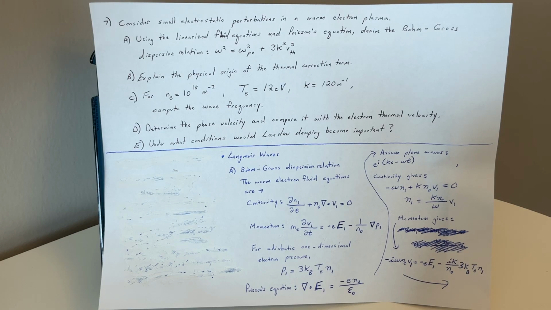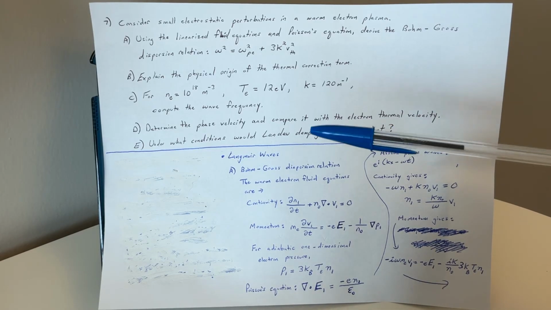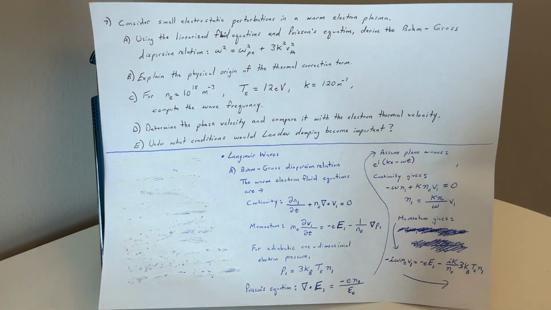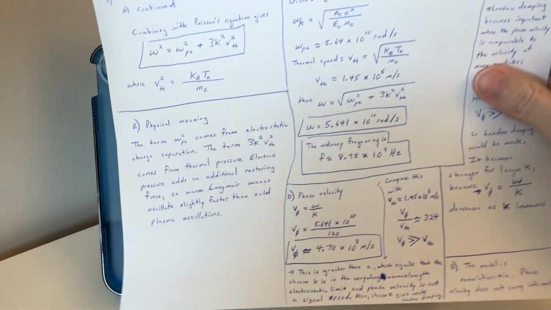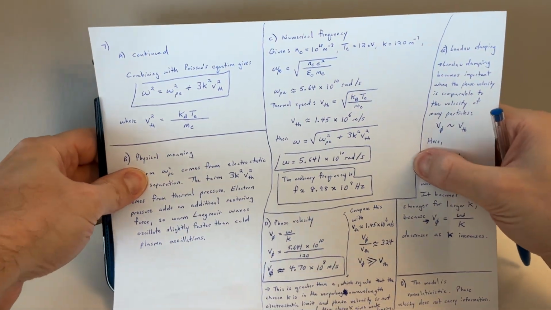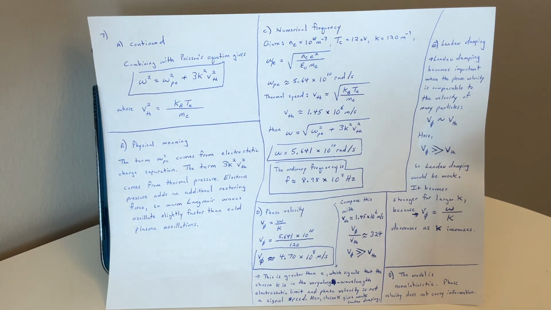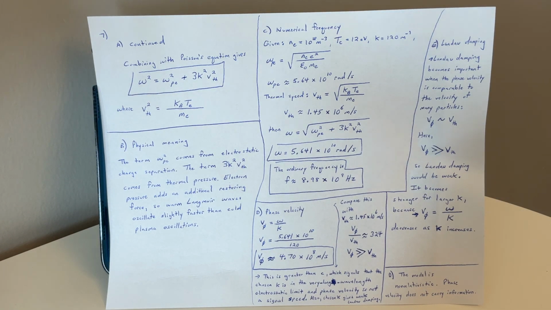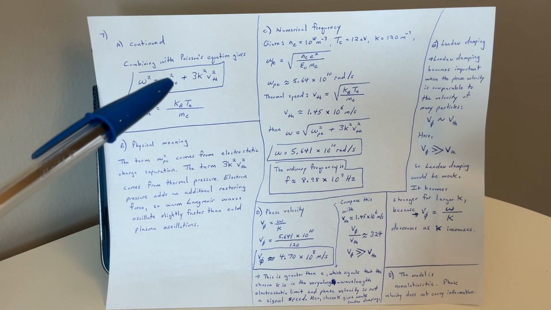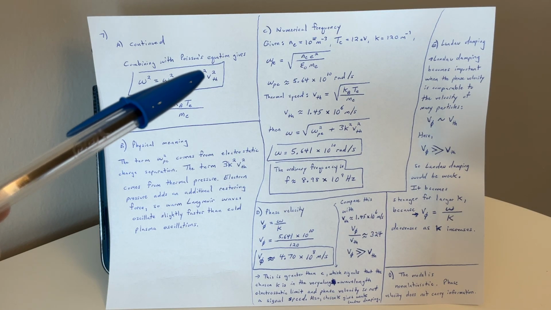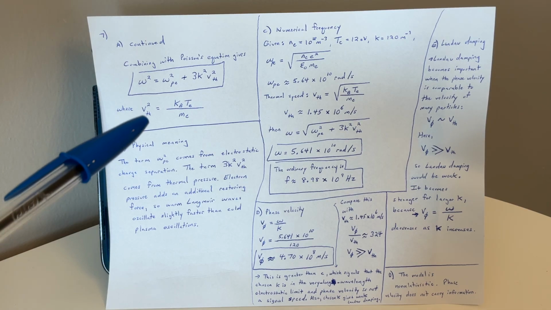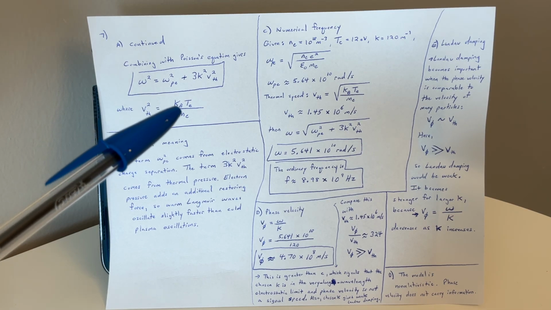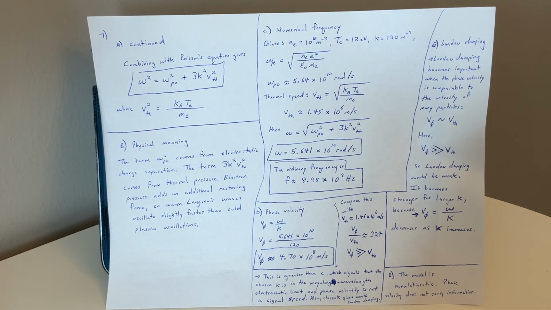Moving along to the next portion, almost done with part A. So part 7A continued. Combining with Poisson's equation gives us the following: omega squared equals omega sub pe squared plus 3k squared V sub th squared, where V sub th squared equals k sub B T sub e over m sub e.